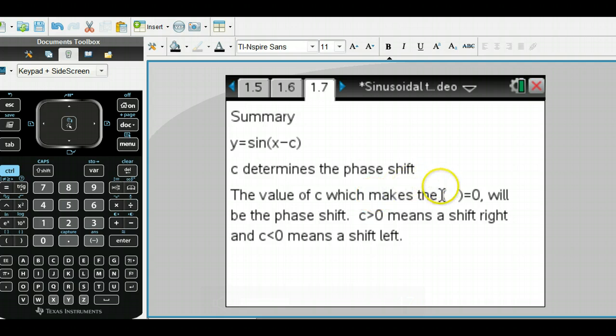The value of c, which makes the parentheses 0, and I'll get into this a little bit later, but c is the value that makes inside the parentheses 0. Later on, we'll put a coefficient here, and it won't be c anymore. So you can't just say that the phase shift is always c. You'll have to solve this out by setting what's inside the parentheses equal to 0, and that will give you your phase shift. C greater than 0 means a shift right, and c less than 0 means a shift left.